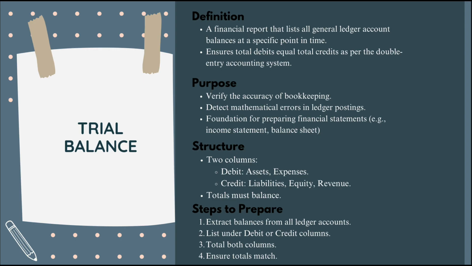The next one is equity. Equity is owner's capital and retained earnings. The last one is revenue and expenses, which include sales, wages, rent, and also utilities. So these are the types of example of trial balance, Madam.